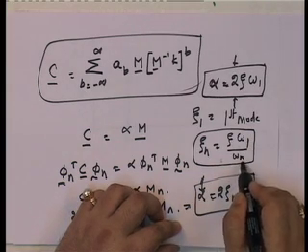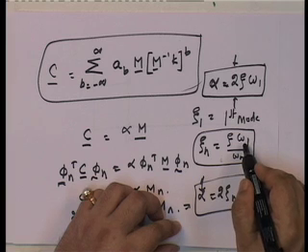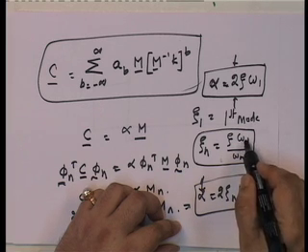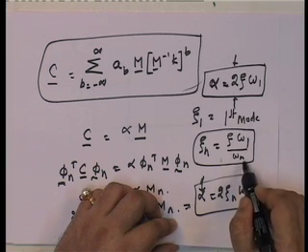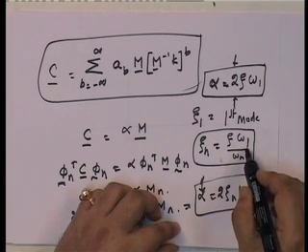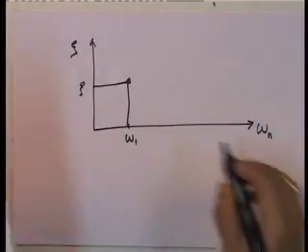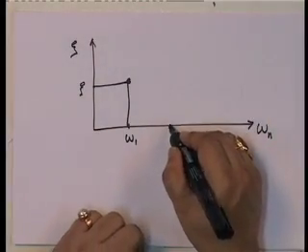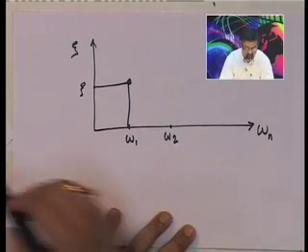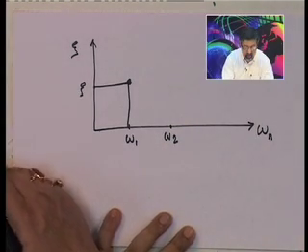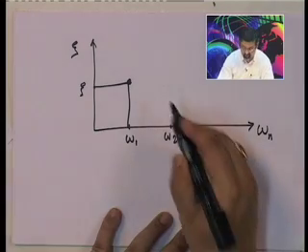So, if I look at omega 2, this would be less. Let us say omega 2 is twice omega 1. Then xi n is half.